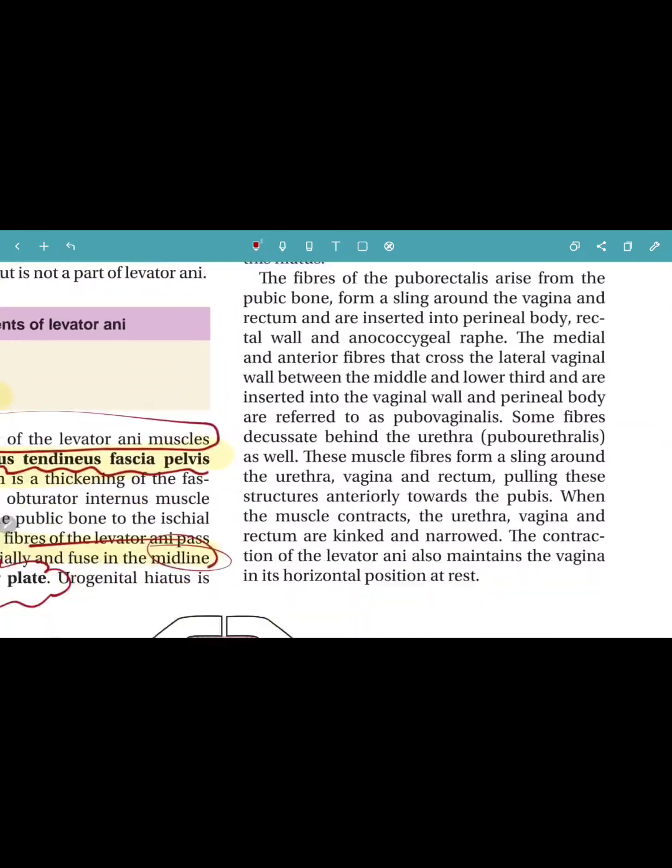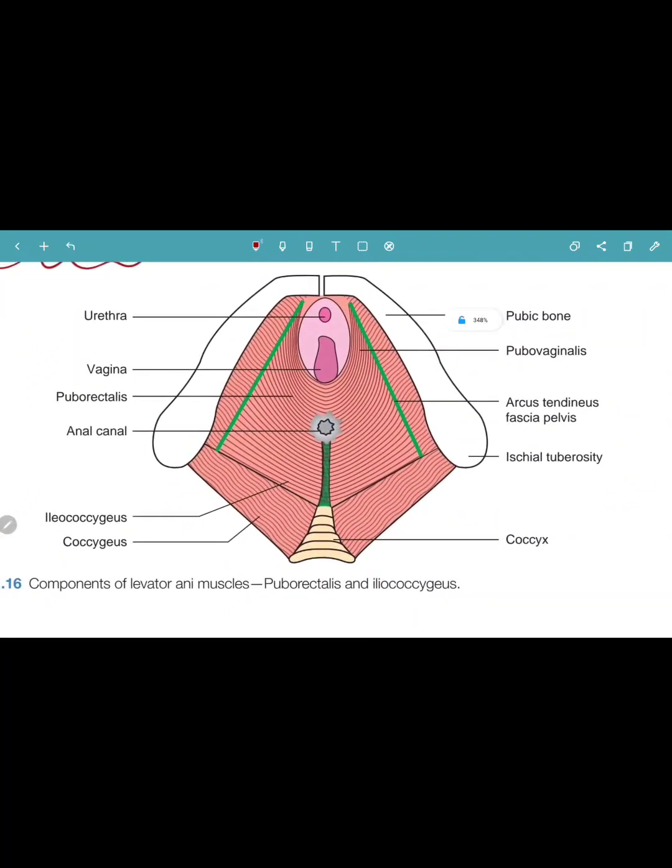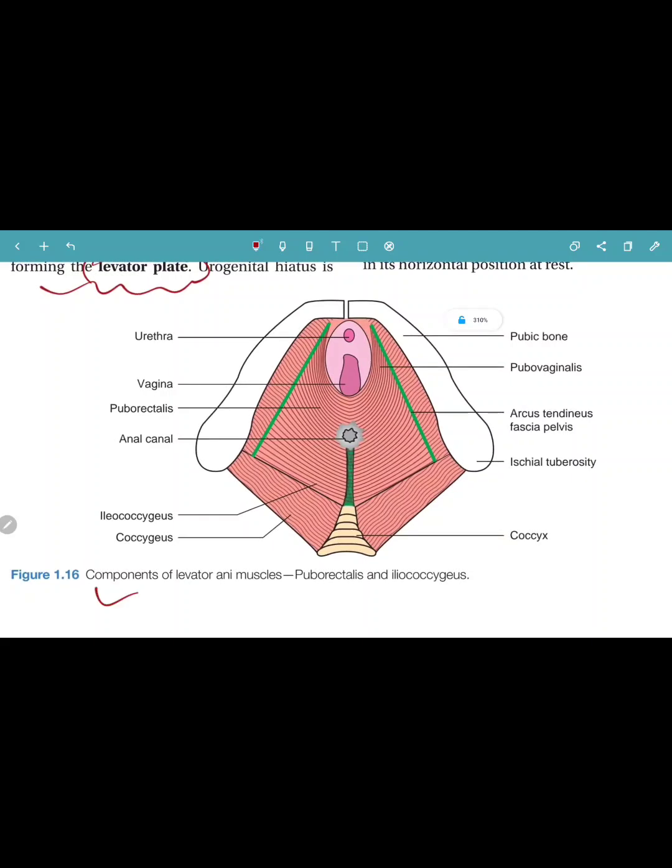If you look at this diagram, these are the components of the levator ani muscles: your puborectalis, your pubococcygeus and your iliococcygeus. See, this is your urethra, your vagina, this is your pubic bone. This part is your pubovaginalis, some fibers from the puborectalis part to the vagina.